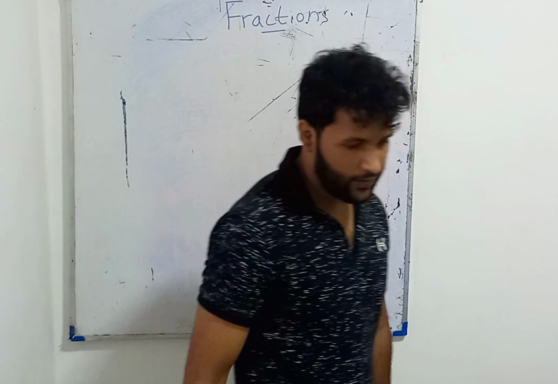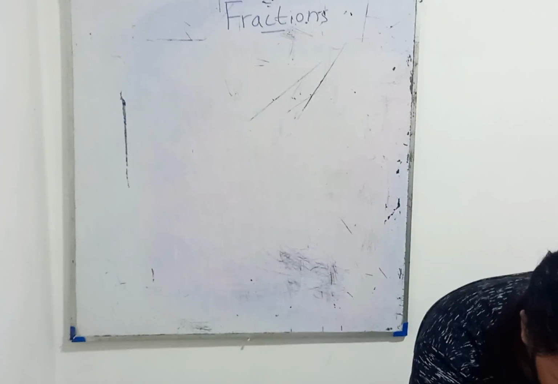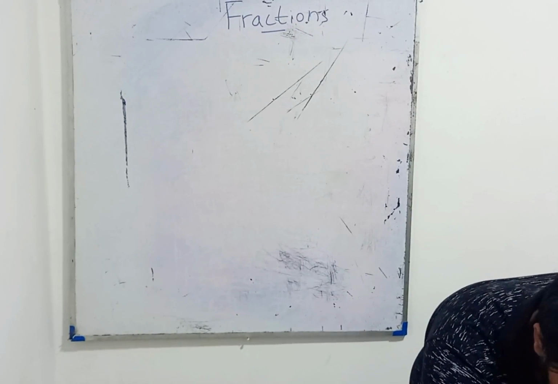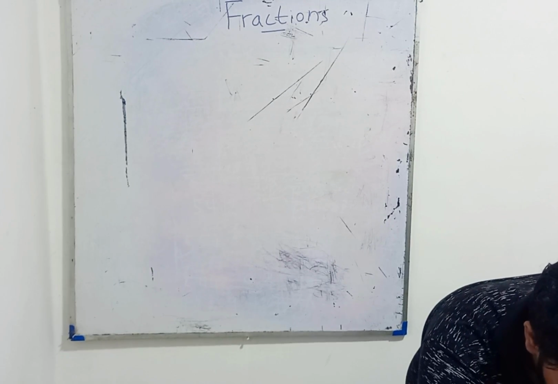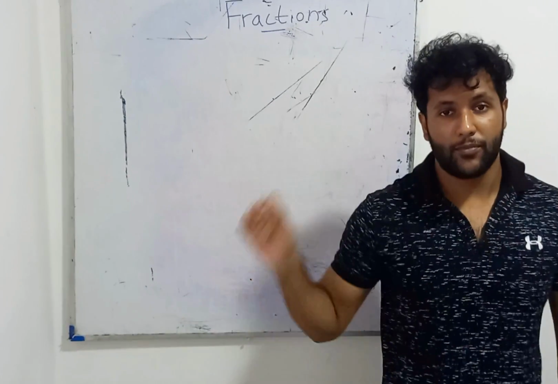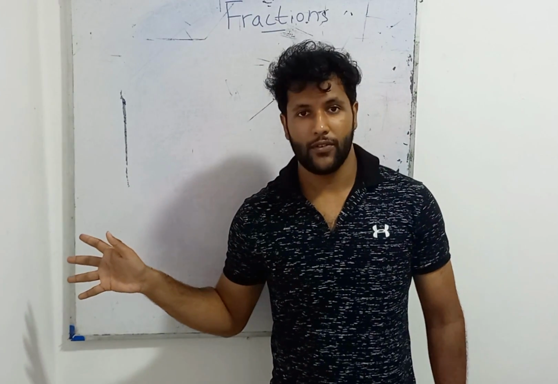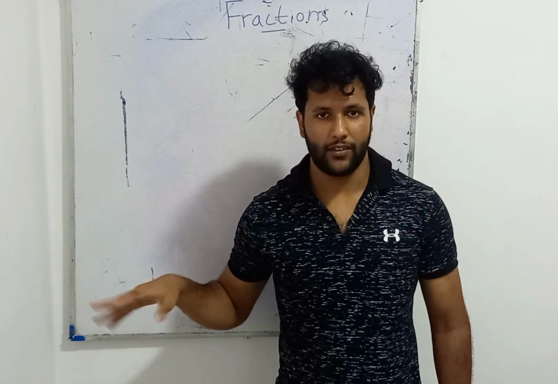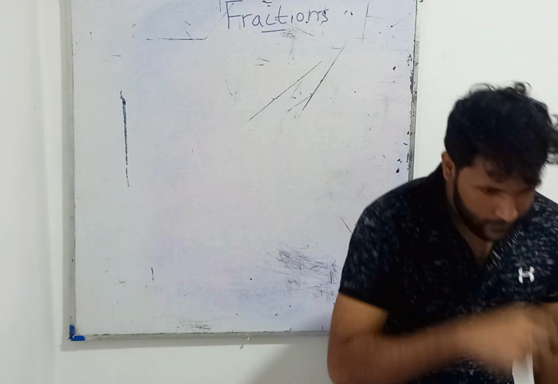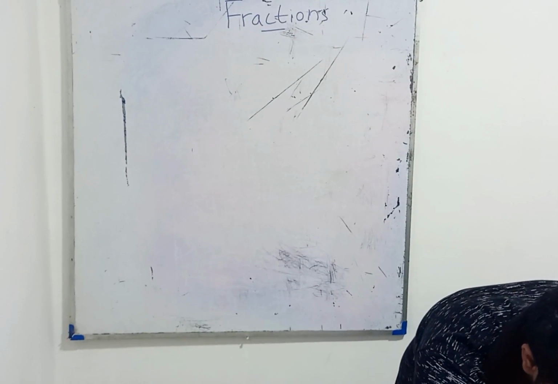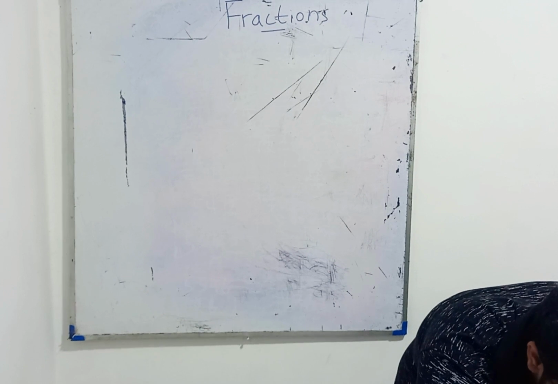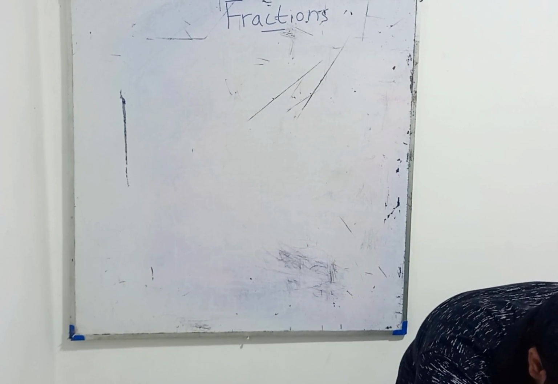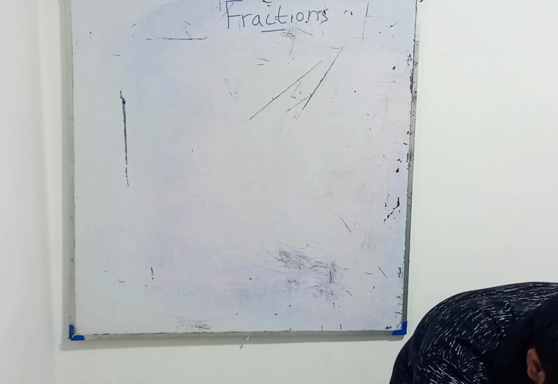I hope they are okay. Simple theory. If you want to write anything down, or if you're not getting something, please pause the video and rewind. Then you will be able to understand. Everything is simple in this lesson.